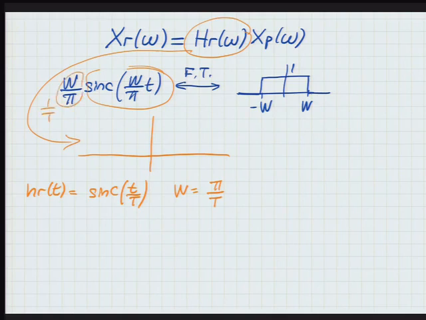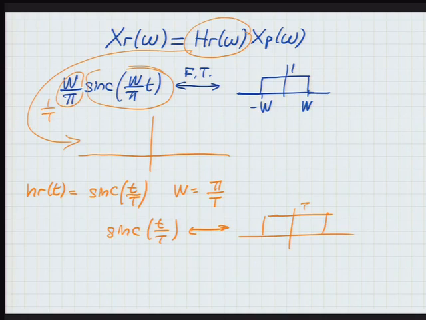So 1 over t sinc t over t would give me that with W equal to pi over t. If I multiply both sides by t, I get that sinc t by t gives me a Fourier transform that has amplitude t to begin with, and the cutoff frequency is W, which we said is pi by t. So that's our HR of omega.